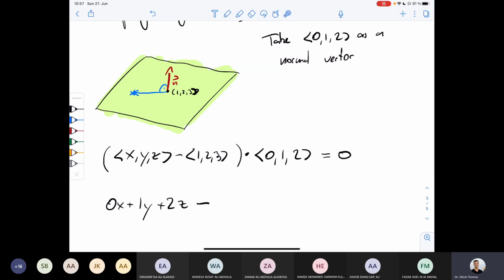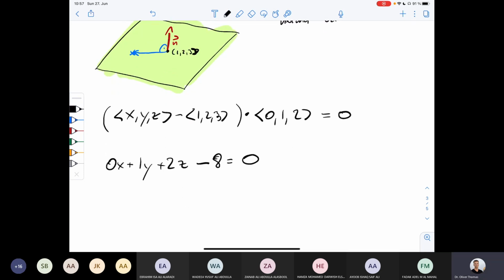And now minus the dot product of this guy with this guy. So 0 times 1 is 0, 1 times 2 is 2, plus 6 is 8. And we can simplify this to y plus 2z equal to 8, which is now an equation for our plane.